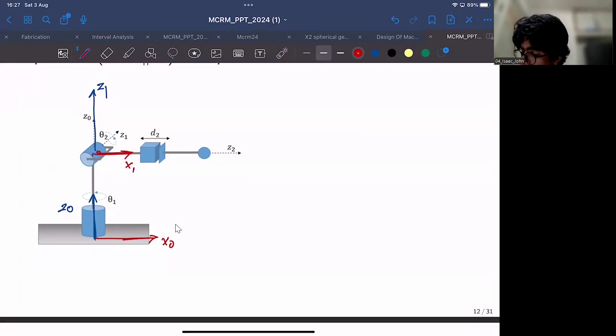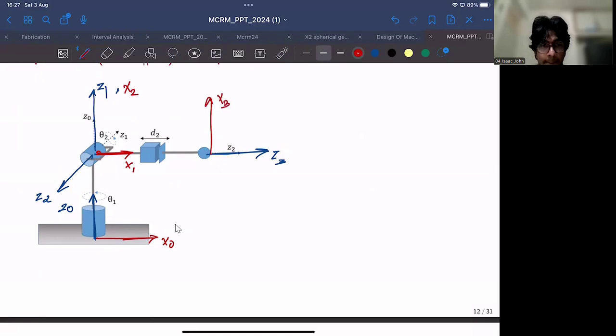Z2, sorry, Z2 would be like this. And Z3, I'll attach Z3 over here, again for convenience. And X2 would be perpendicular to Z3 and Z2. So Z3 is along this direction, Z2 is along this direction. X2 would hence be parallel to Z1. This will be X2. And X3 I'll label like this, just for convenience.